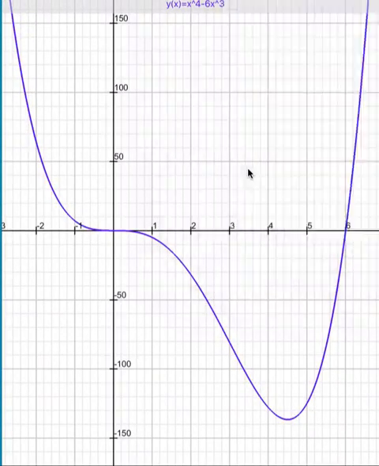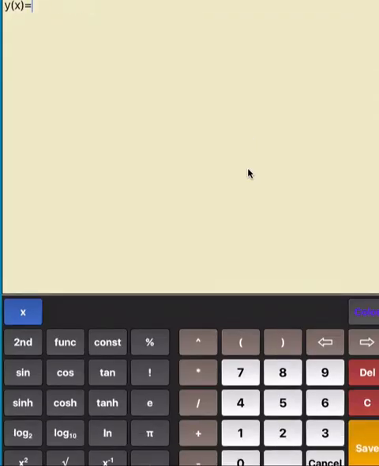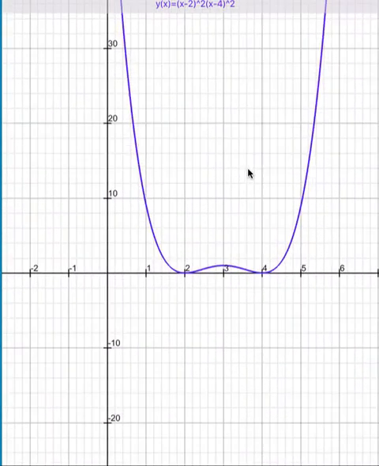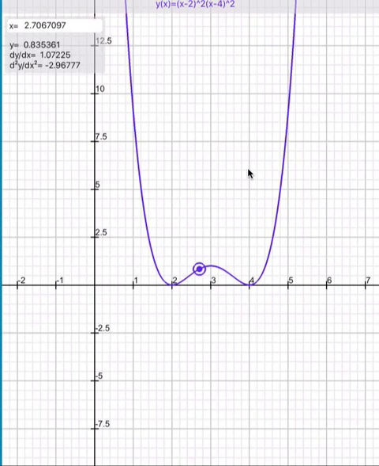I wasn't going to, but I would really hate to leave it without looking at that graph a little bit more closely. So you have x minus 2 squared times x minus 4 squared. All right, so when I look at that graph, I really want to try to stretch this out a little bit.